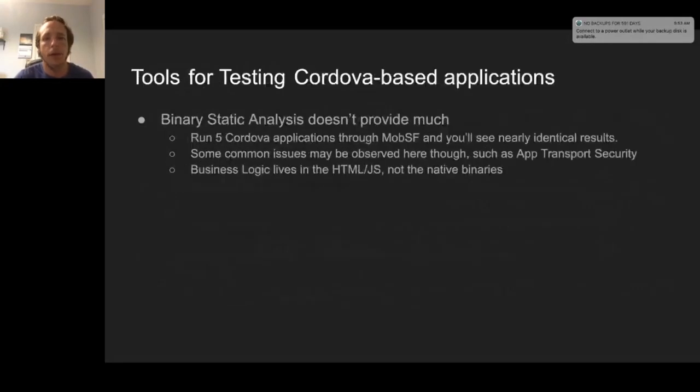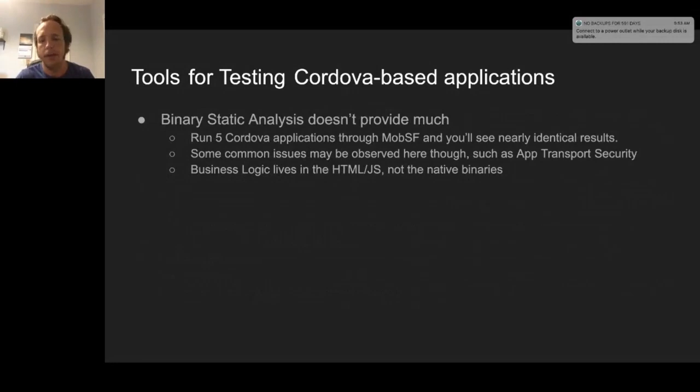So one of the reasons that I wanted to give this talk is that testing Cordova applications is a little bit different than testing native applications. If you guys are familiar with MobSF, it's a binary static analysis framework, and it's good at catching some vulnerabilities common to native applications, especially Android.